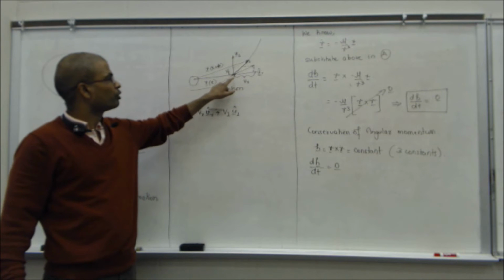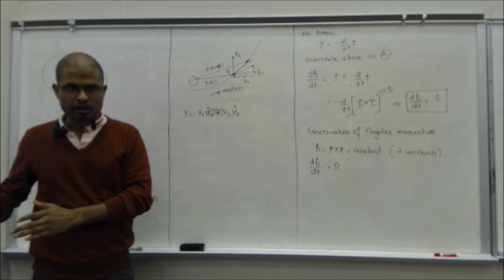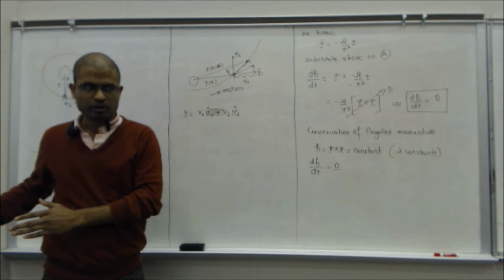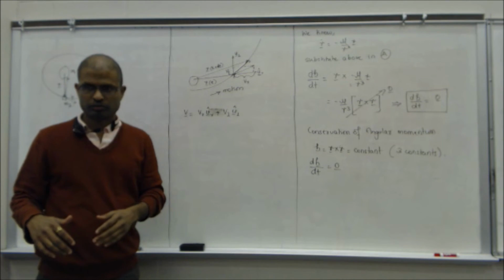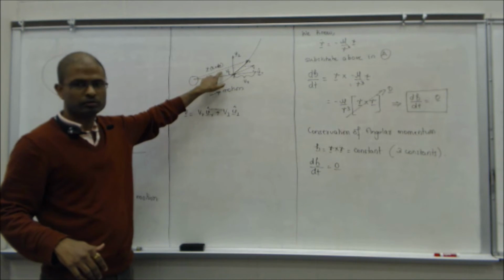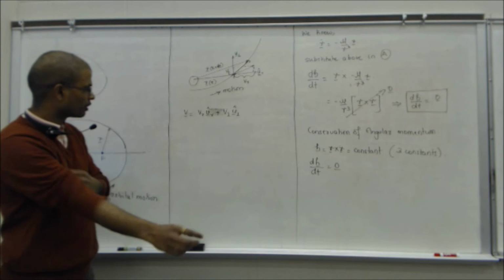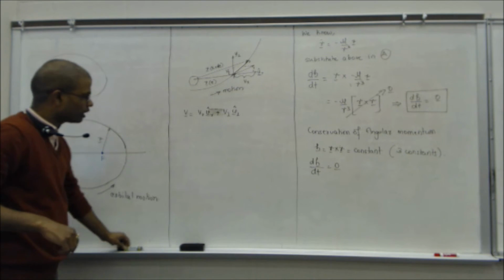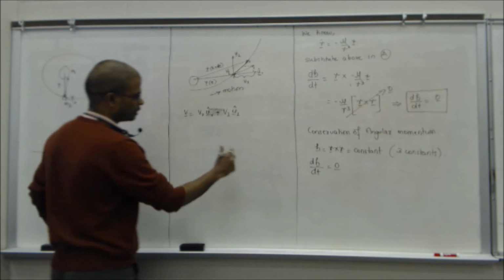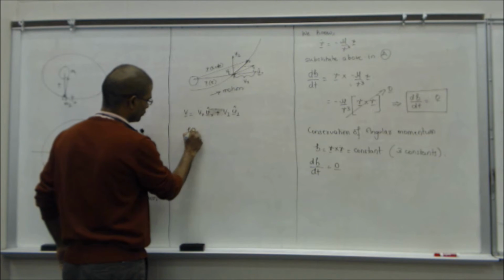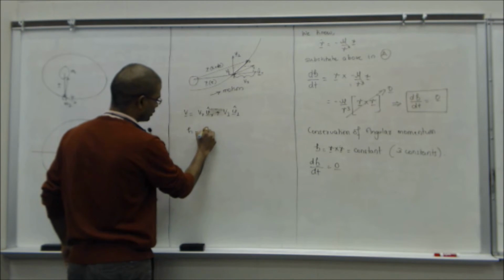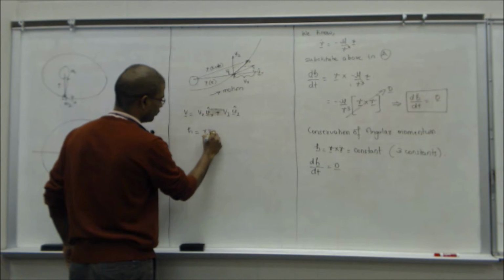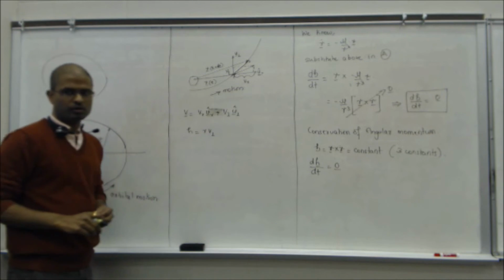And then there is a component which will give a tangential motion. That is this component. All right? If you think about it, H is R V perpendicular only.